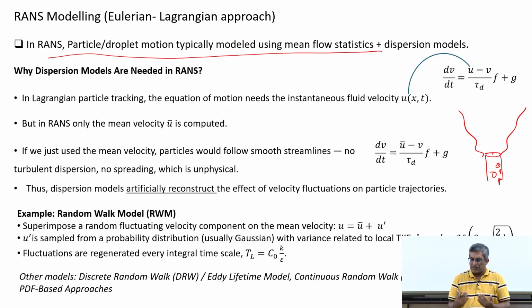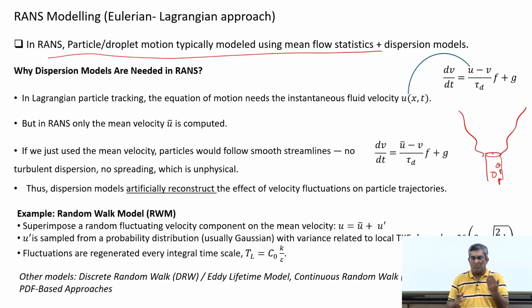Let's assume for simplicity that you have one way coupling only, that is, the particles are not affecting the carrier phase turbulence. So, what would you do? First you will solve this for the single phase flow, and then introduce particles, because particles anyway do not affect the carrier phase, and then you can track the particles and study how they are dispersed. So, that is the objective.